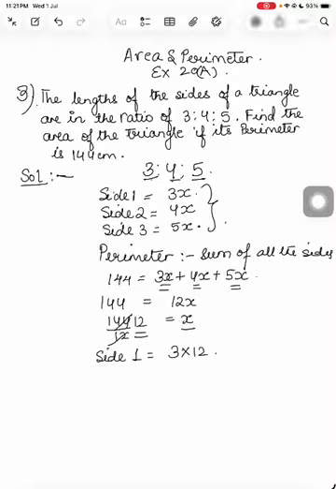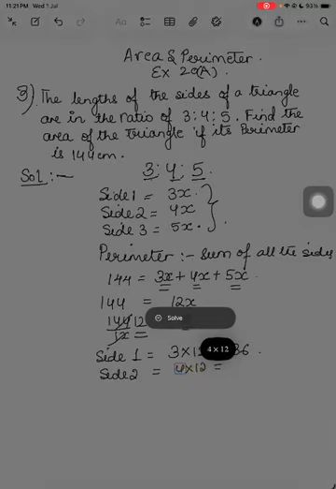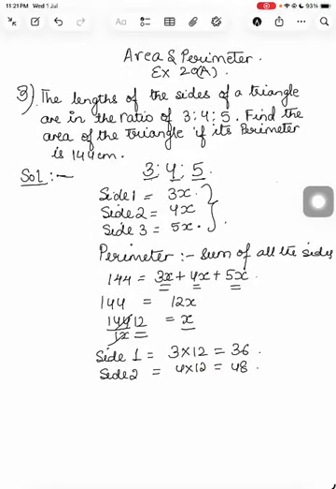In place of x we will write 12. 12 3s are 36. So side 2 will become 4 into 12. 12 4s are 48. Same way side 3 will become 5 into 12, that is 60. The perimeter was in centimeter, so these will be in centimeter.